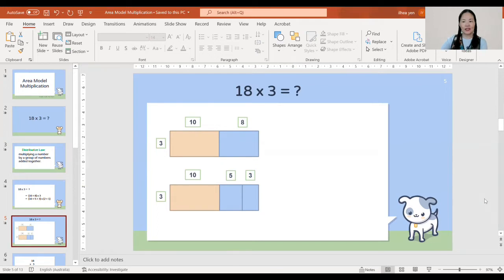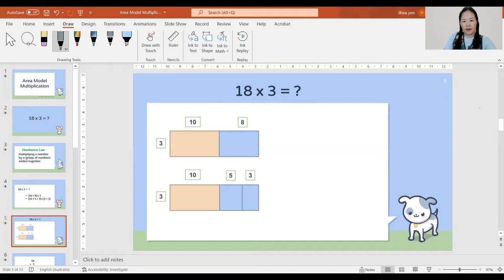Okay, so let's have a look at the first one. I'm going to find the area of orange rectangle, 3 times 10, because the area of rectangle is length times width. So if I do 3 times 10, I will get 30. And the next one, my blue one, is 3 times 8, because that 3 is still 3 here, isn't it?